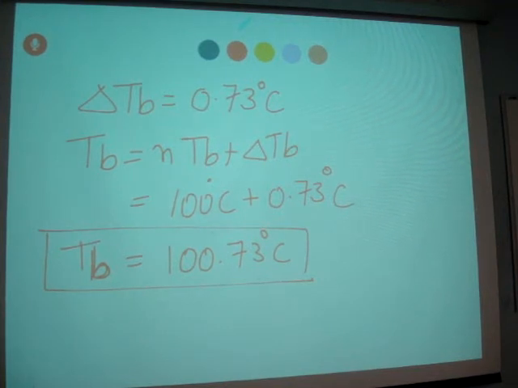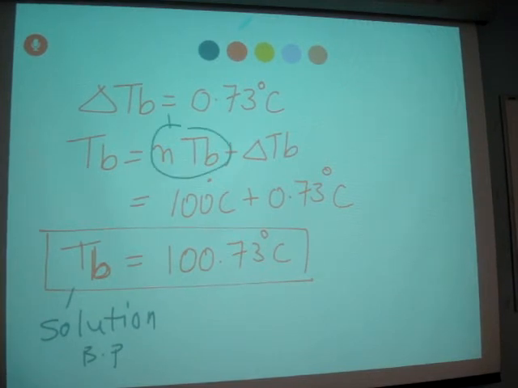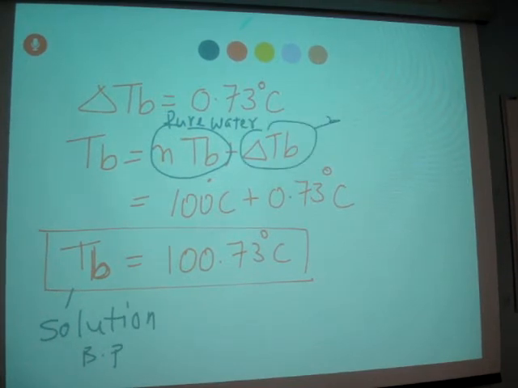This is the solution boiling point, this is pure water, and this is the elevation. When you add them, you get the boiling point of that solution. So that's how you can calculate from delta T B.